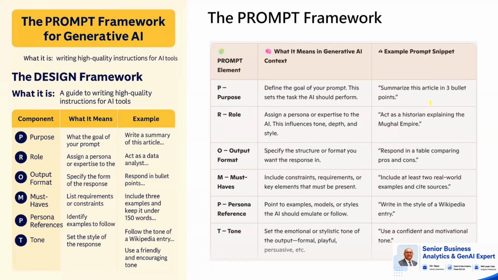Suppose you want a SQL query for creating a table. What will you write? You will write, I have this data in my database, which is in MySQL or Oracle, or maybe it is in PostgreSQL, and I want to create a table out of it. Tell me how do I create a table, or give me the correct SQL query to create the table. That is the purpose you have declared.